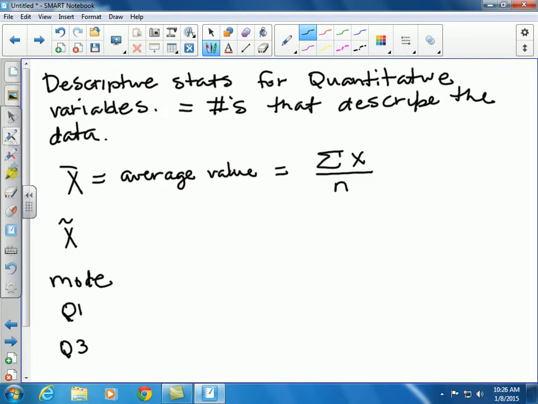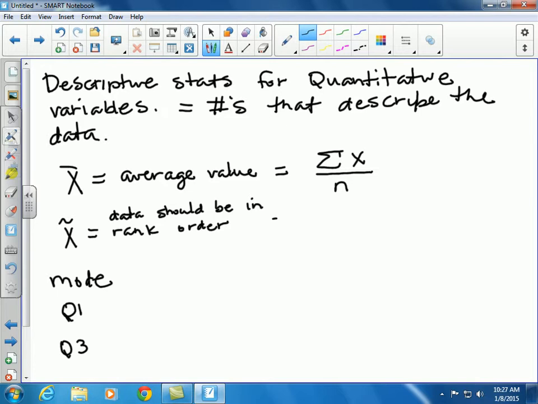So the median is a little more complicated. First off, the data needs to be in rank order before you can find the median by hand. If you're using a computer, it will do that all in its own special computer brain and pop out the median. But you have to have it in rank order if you do it by hand.